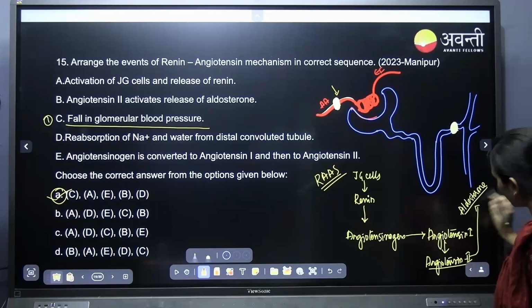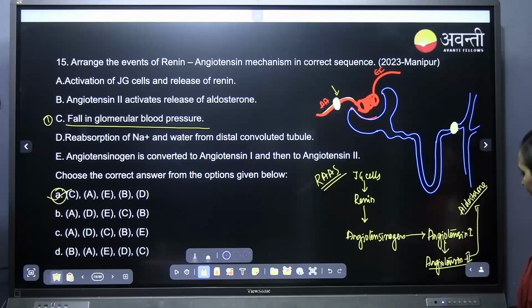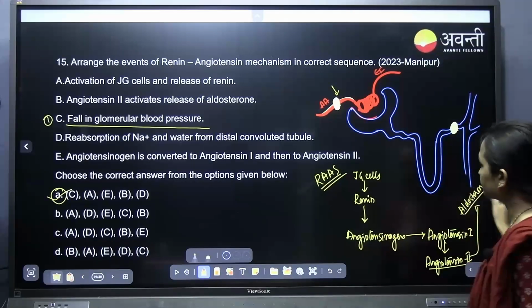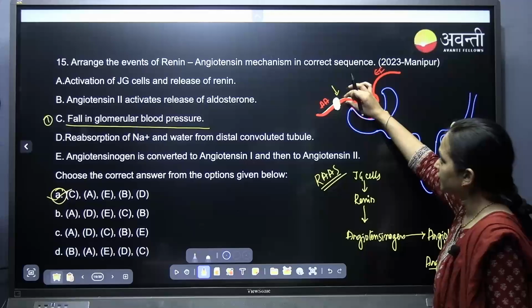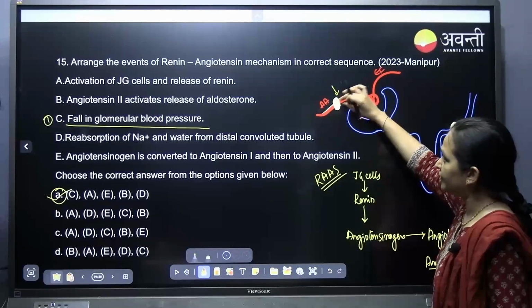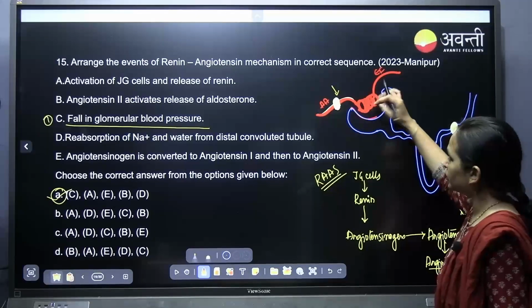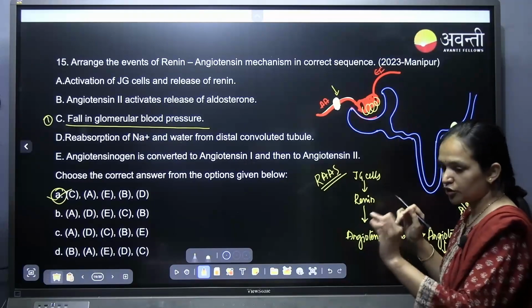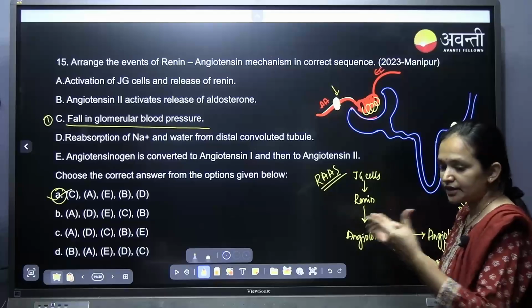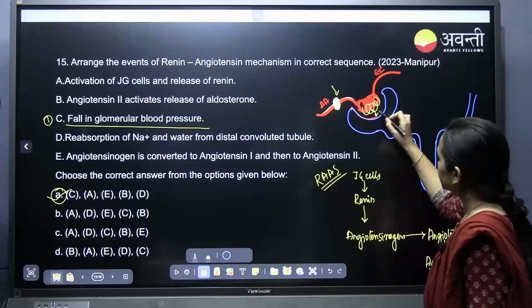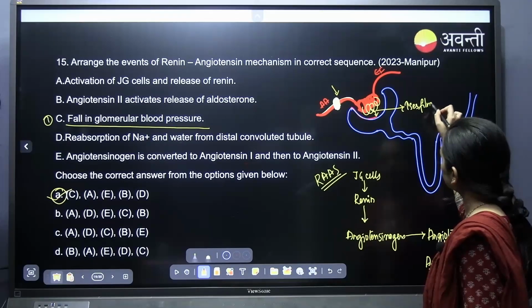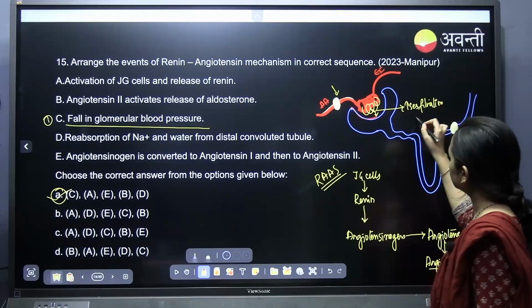Angiotensin 2 and aldosterone are vasoconstrictors. They constrict the afferent arteriole and the glomerulus. When this constriction of blood vessels happens, it increases the filtration, which means GFR is increased.